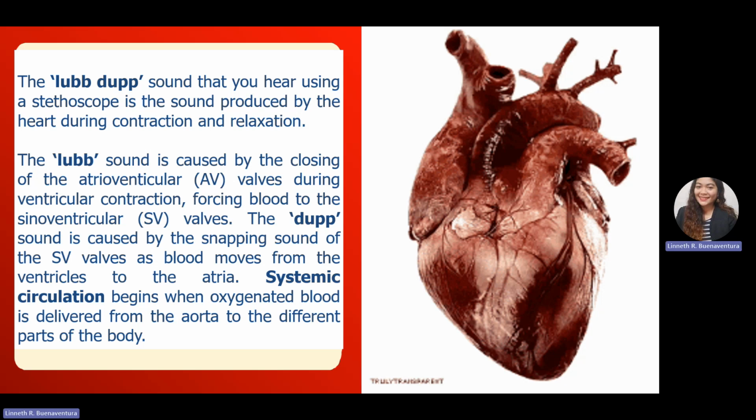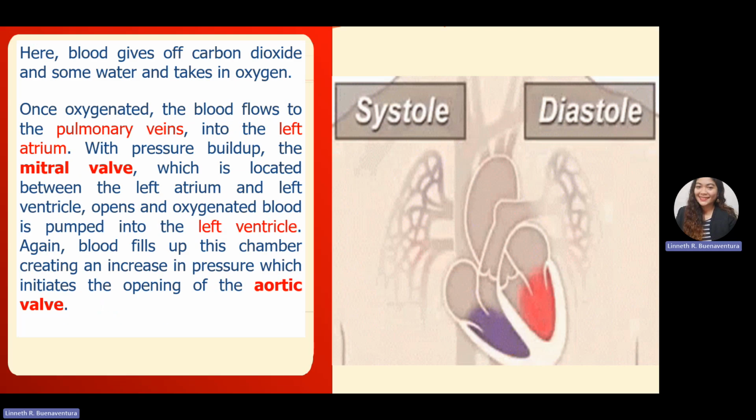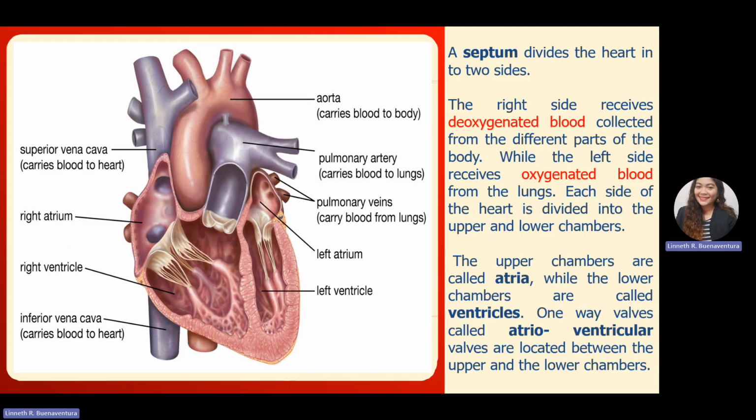While the dub sound is caused by the snapping sound of the semilunar valve as blood moves from the ventricles. So it is known as the systemic circulation, which begins when oxygenated blood is delivered from the aorta to different parts of the body. Okay, so let's recall the flow of blood.